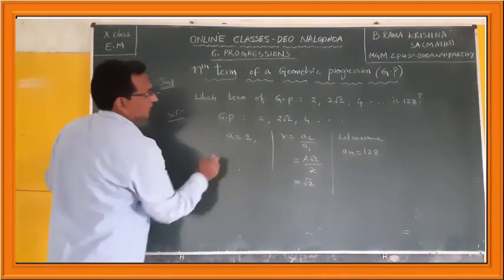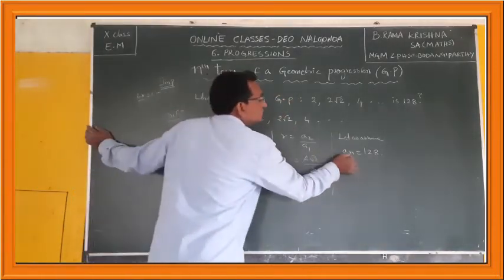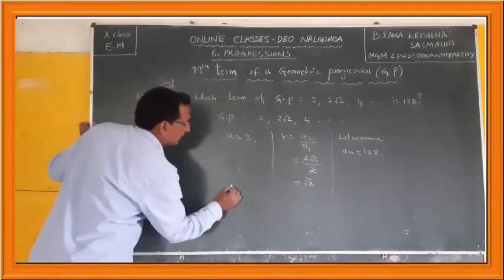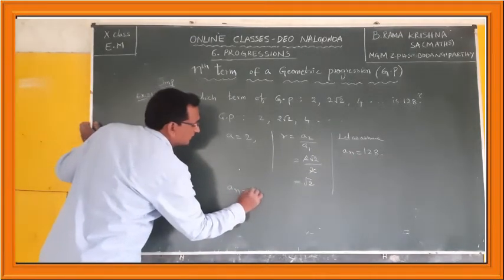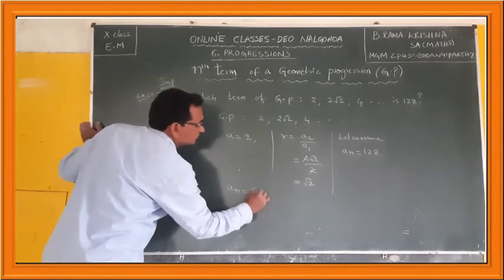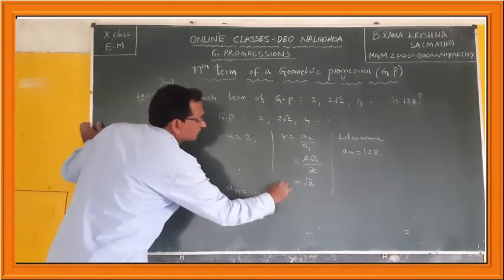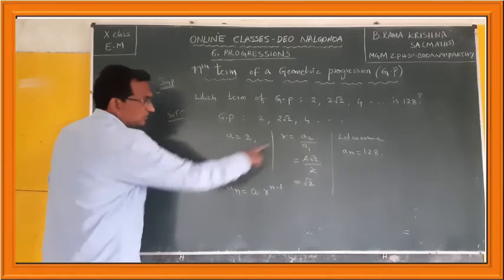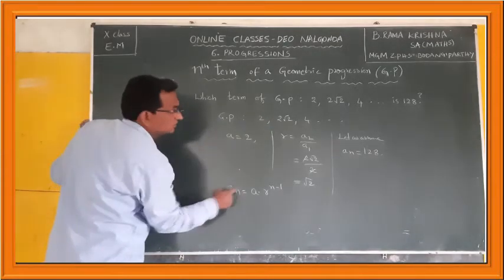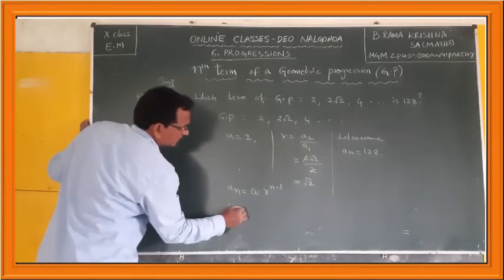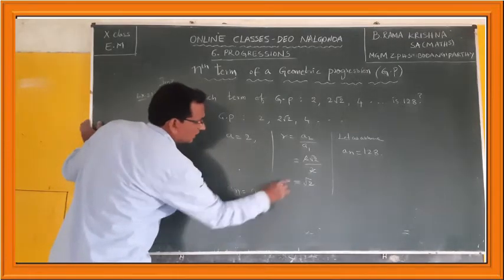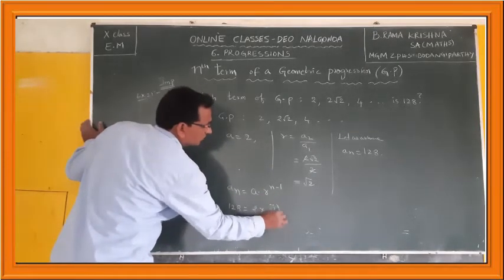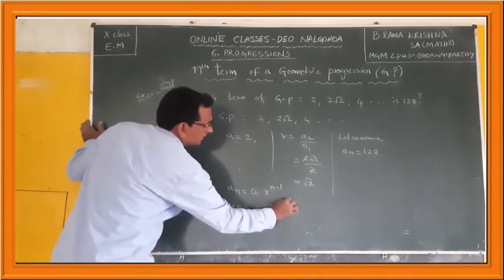Okay. How to find? You use the nth term formula: an equals a into r to the power of n minus 1. Substitute all the values. an you know is 128, a is 2, r is square root of 2, to the power of n minus 1.